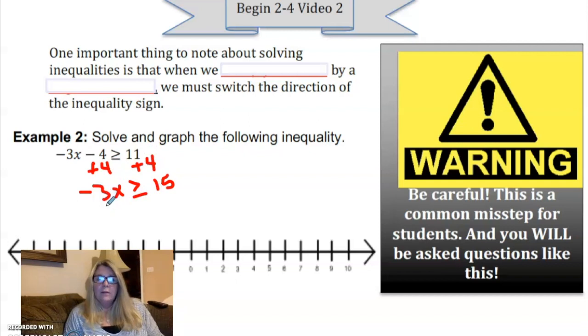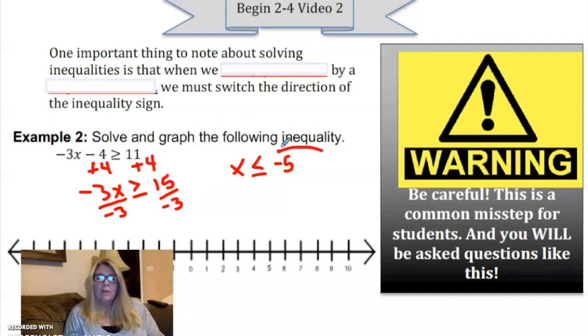Now we're going to divide by negative 3. Negative 3x divided by negative 3 is a positive 1x, and on the other side, 15 divided by negative 3 gives a negative 5. We switched signs by dividing by a negative number, so our inequality needed to flip.